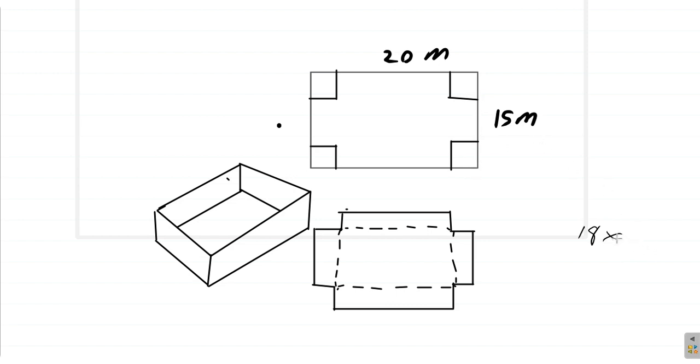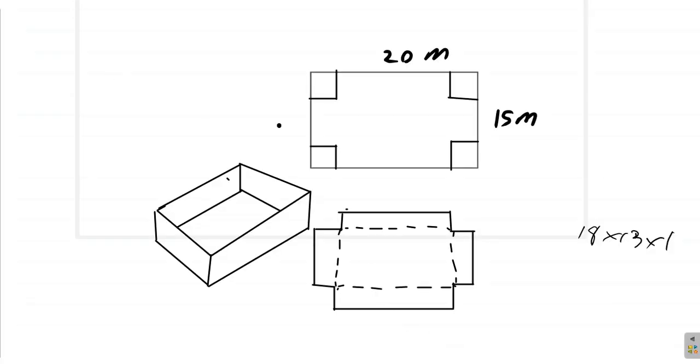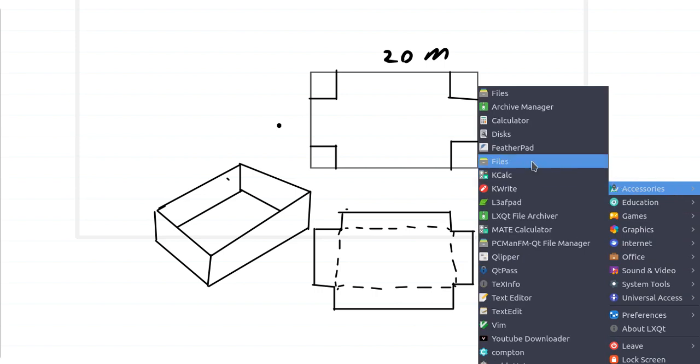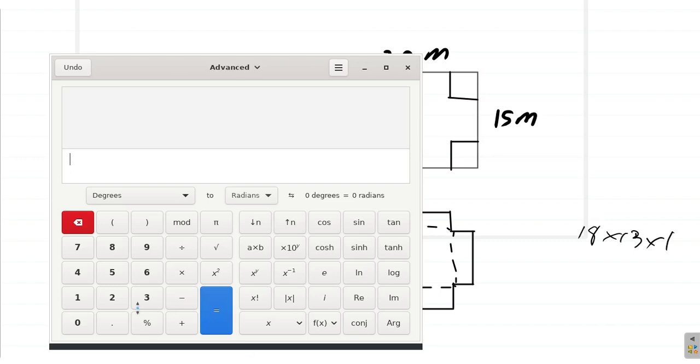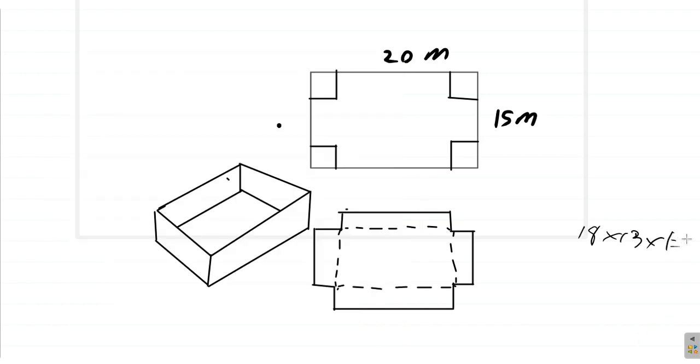We're going to go down to 13 by, and the 1 meter that you cut off would be 1 meter high. So if you do this, we're just guessing first before we do calculus. 18 by 13 is what? 234. Equal 234.